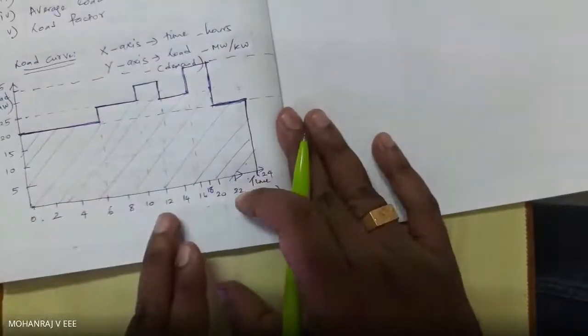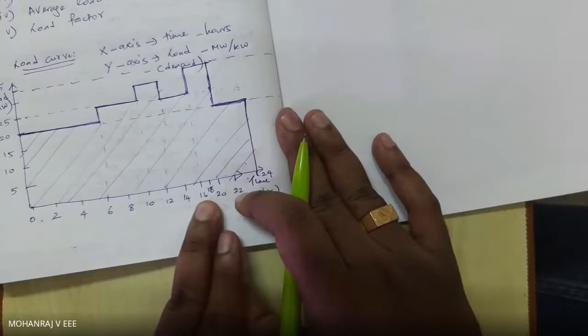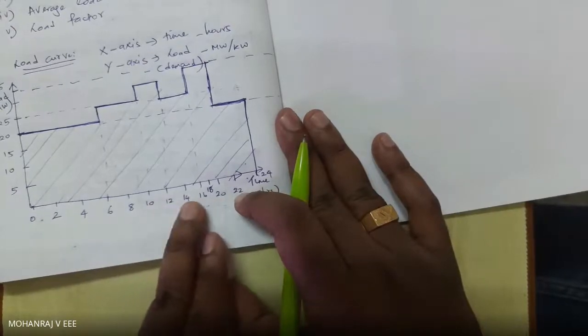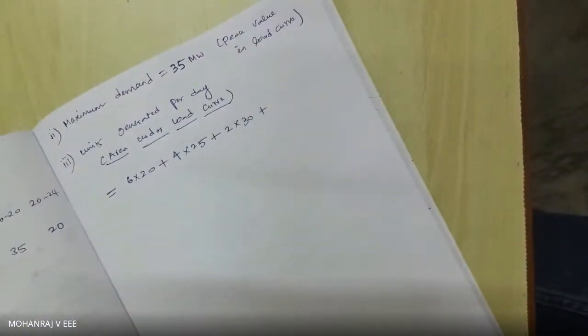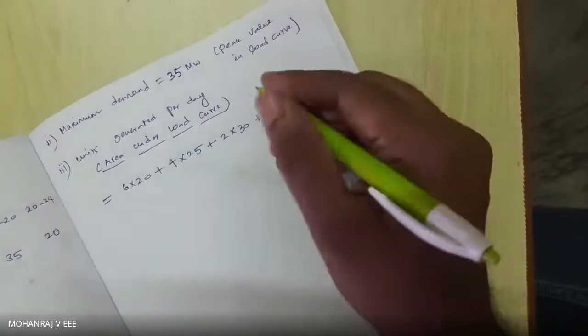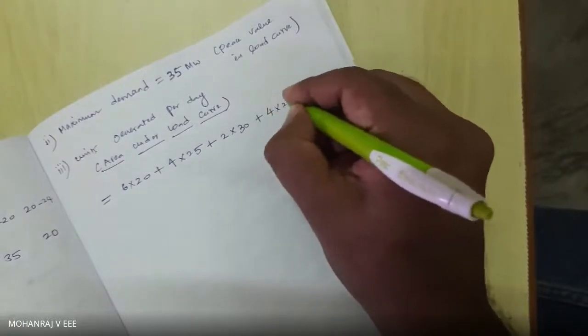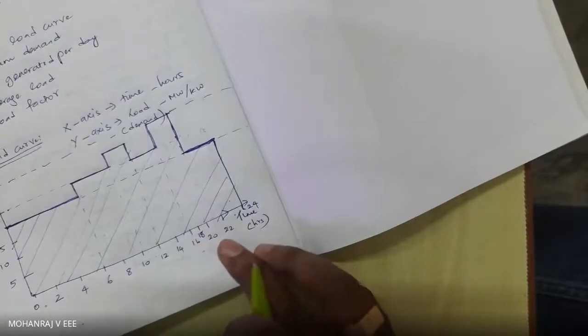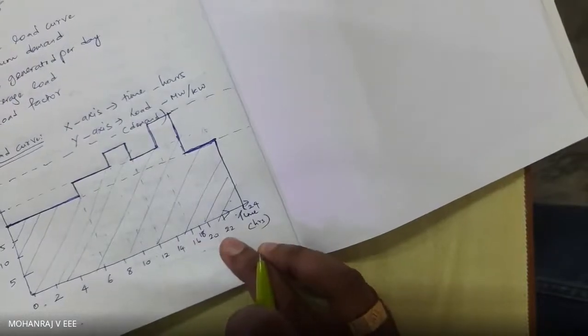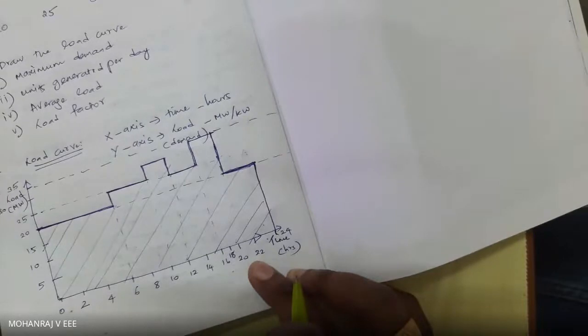from 12 to 16, the length is 4, whereas the breadth is 25. So 12 to 16, 4 into 25, right? Plus from 16 to 20, the length is 4, whereas the breadth is 35.